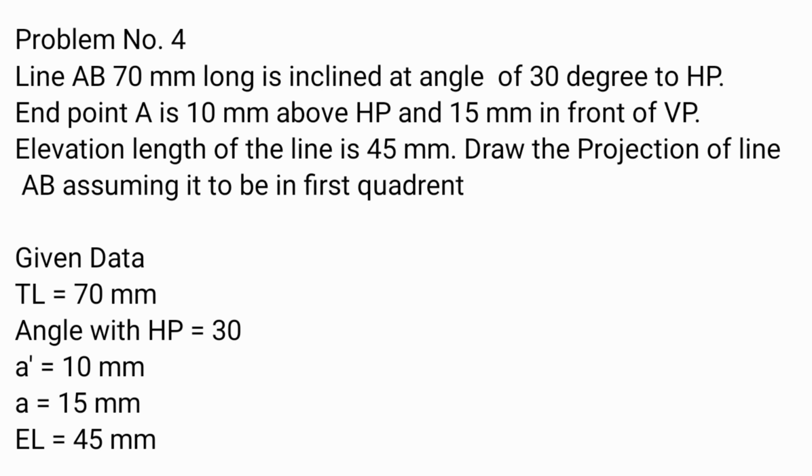Abstract the given data and note it down. True length is 70 mm. True angle with HP, that is theta, 30 degrees. A' is 10, A is 15 mm, and elevation length, that is EL, is 45 mm.